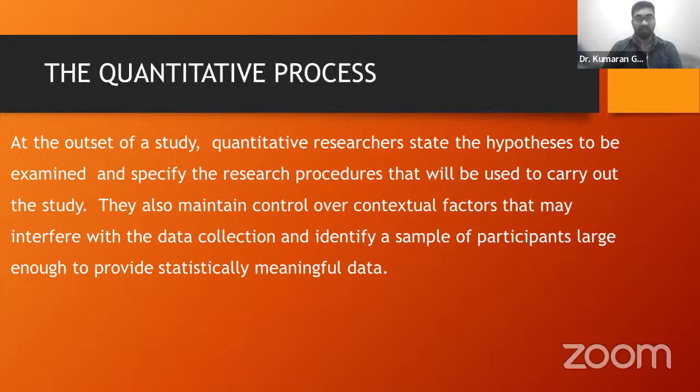For qualitative, the sampling can be very minimal, 1 to 5. But for quantitative sampling, we have to calculate it using Krejcie and Morgan because we have to know the population.